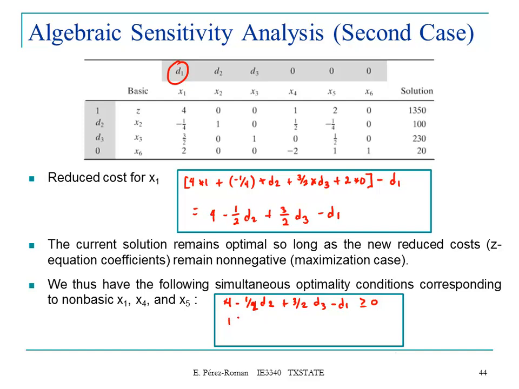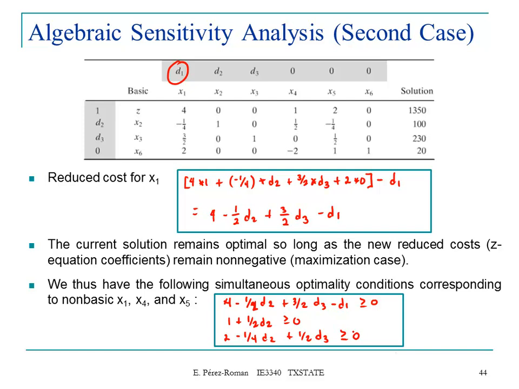We have 1 plus 1/2 d2, which needs to be greater or equal to 0, and we have 2 minus 1/4 d2 plus 1/2 d3, which needs to be greater or equal to 0 to remain optimal. So this corresponds to x1, which is the same as we did here. This one corresponds to x4. The reason we are doing x4 is also a slack. So we have x4 and we have x5.